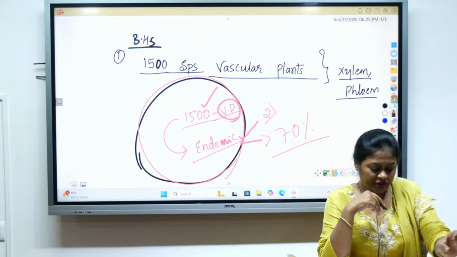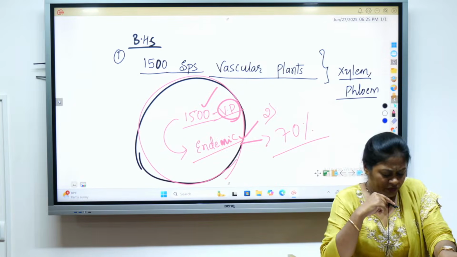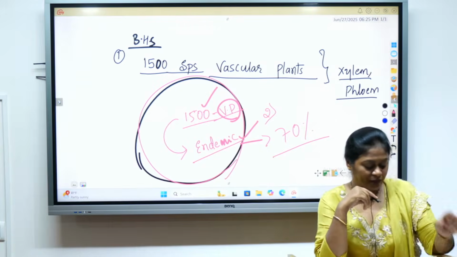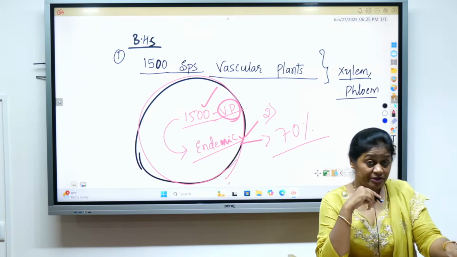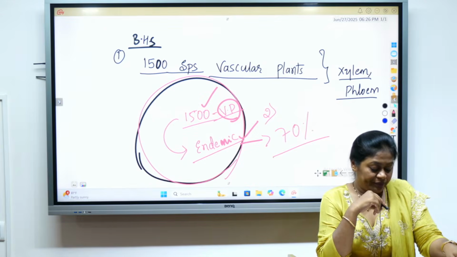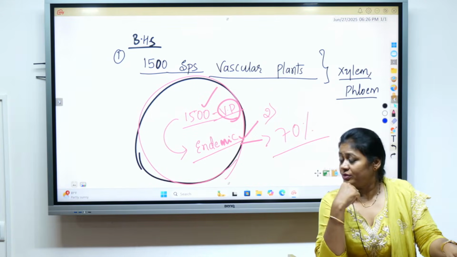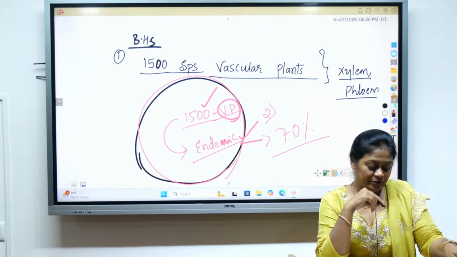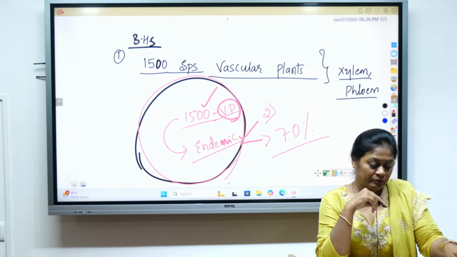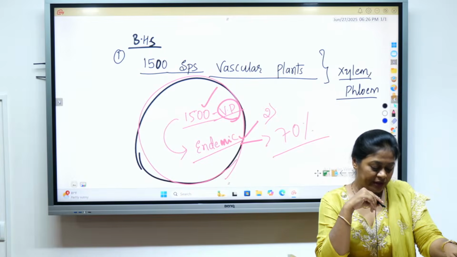First, it must contain at least 1500 species of vascular plants as endemics.